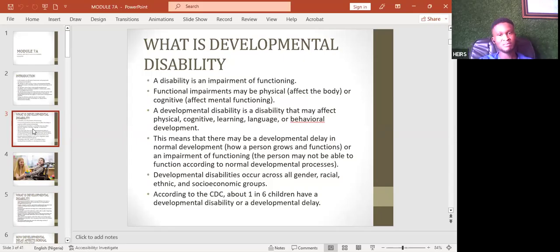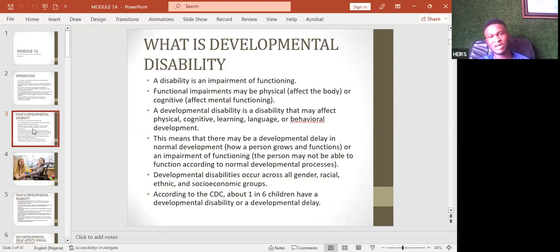So it may be developmental delay in the normal development, or it can be an impairment in function. For example, a child not being able to walk because the legs are not working, but the legs are growing, but there's no strength to carry the whole body.